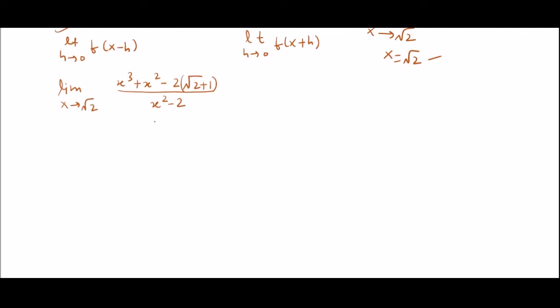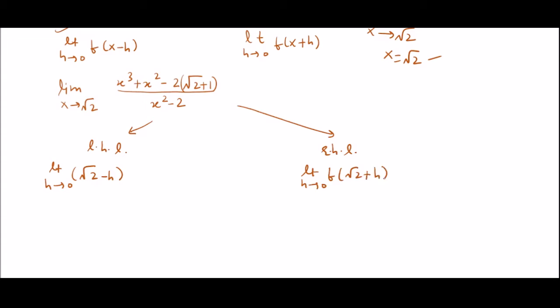So to find its limit, we will use the left hand limit formula and the right hand limit formula. Fine. So here we will get limit h tends to 0 f of root 2 minus h, and here we will get limit h tends to 0 f of root 2 plus h.